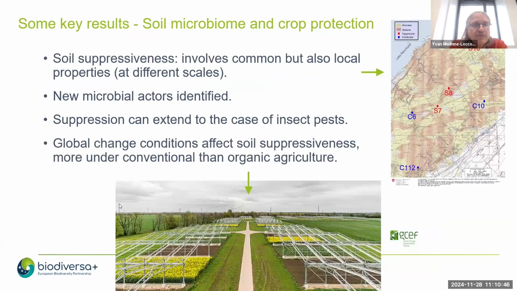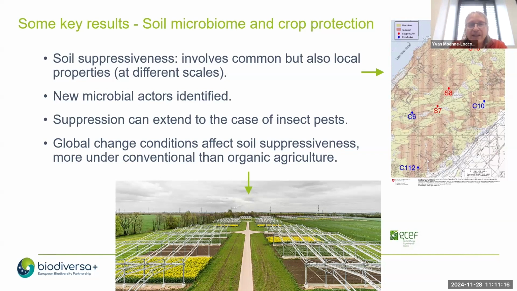Next one, please. So among some of the main results that we had, we wanted to compare suppressive soils already known for being suppressive in different areas, to assess whether the properties associated with suppressiveness were local, regional, or more global. And so we found some common properties between all those suppressive soils, but we also noticed the importance of local properties.